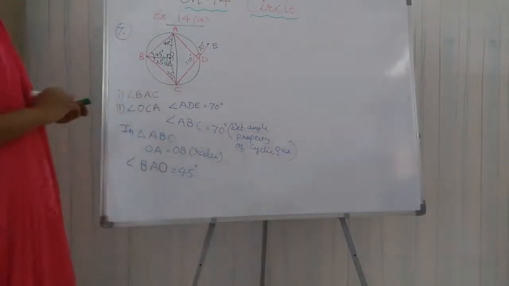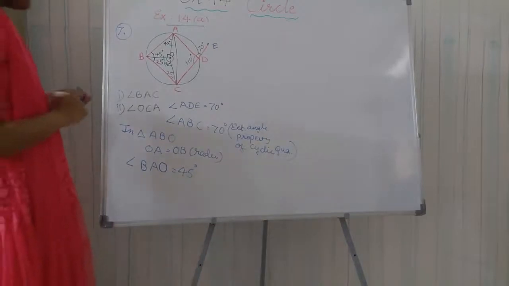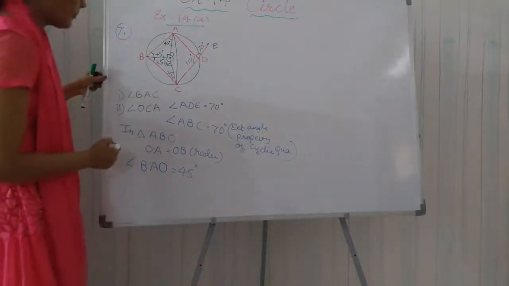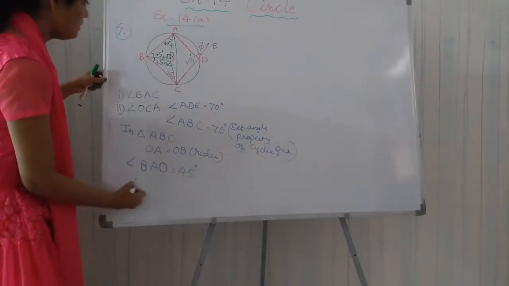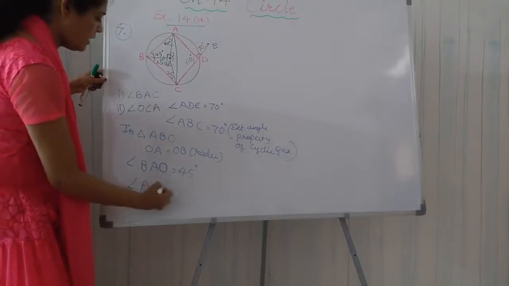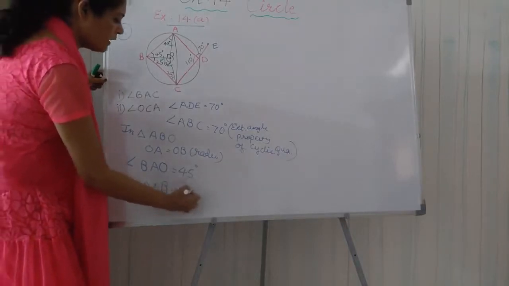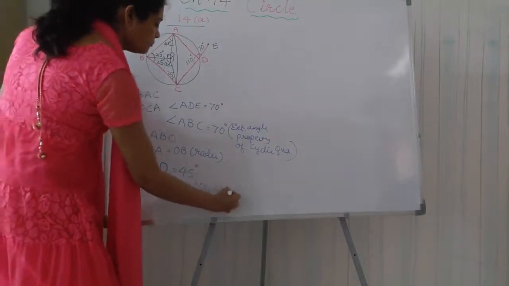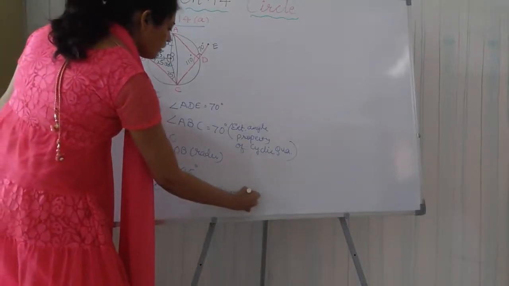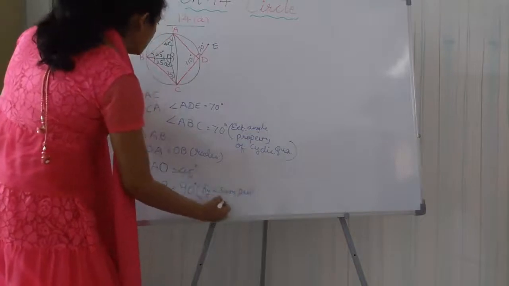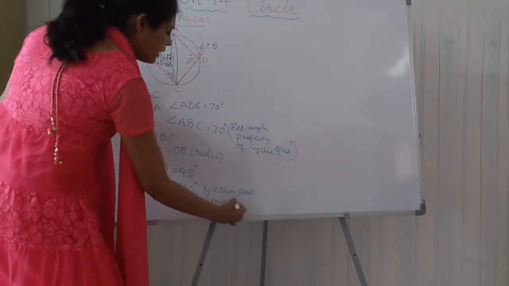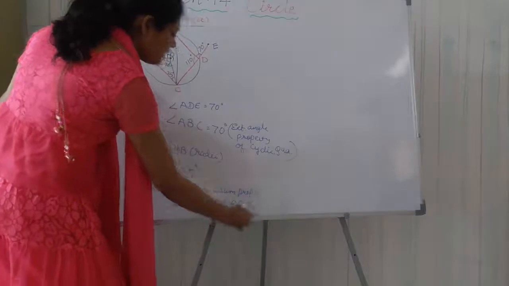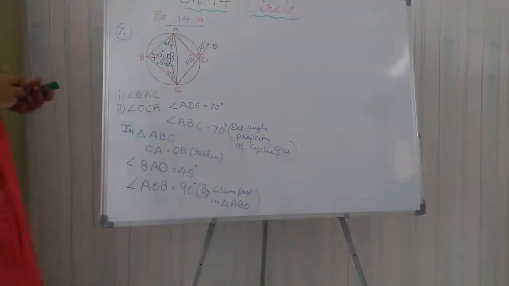BAO is 45 degrees. Right? Now from that we'll write angle AOB is equal to 90 degrees by angle sum property in triangle ABO.